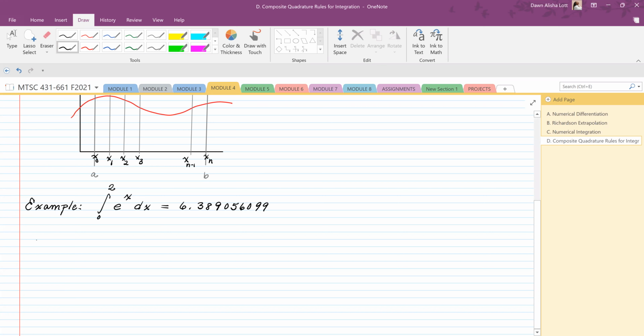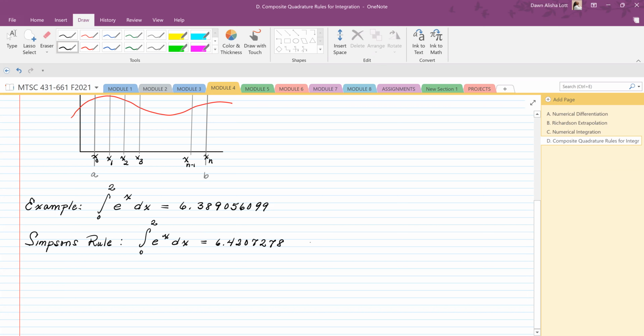All right, so now if I use Simpson's rule and I just do the integral from 0 to 2 of e to the x dx using Simpson's rule, then I'm going to get 6.4207278.